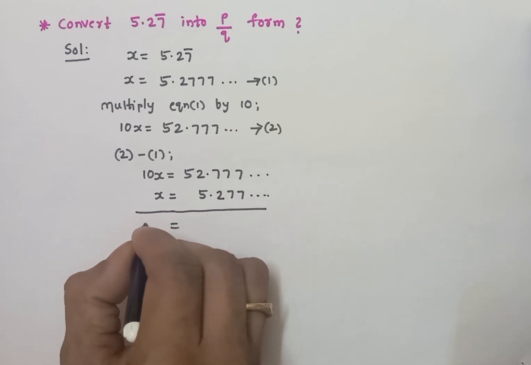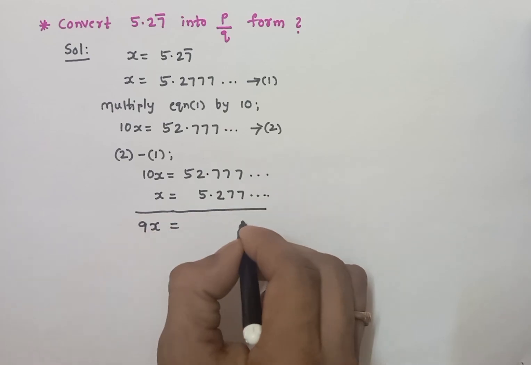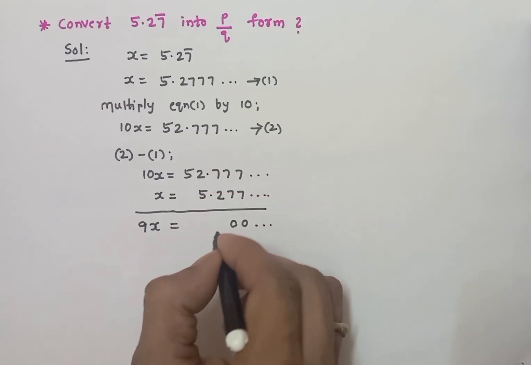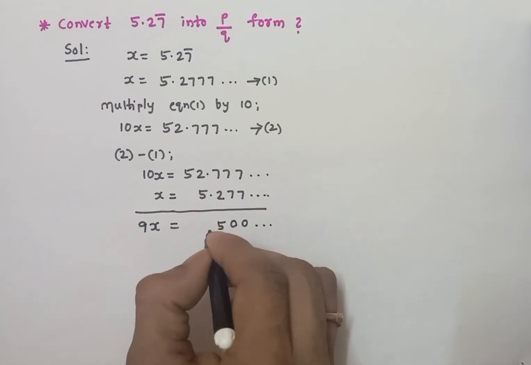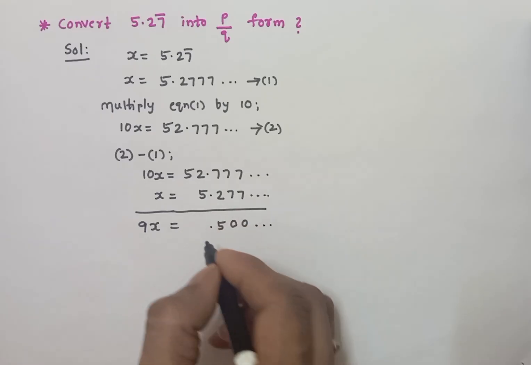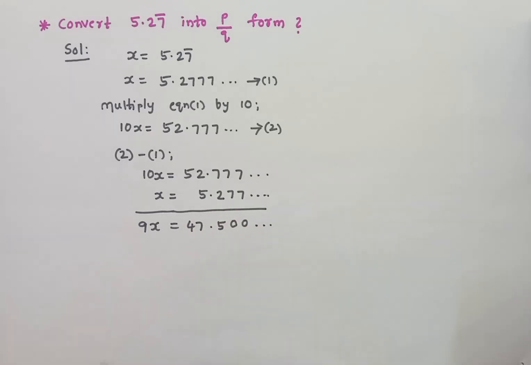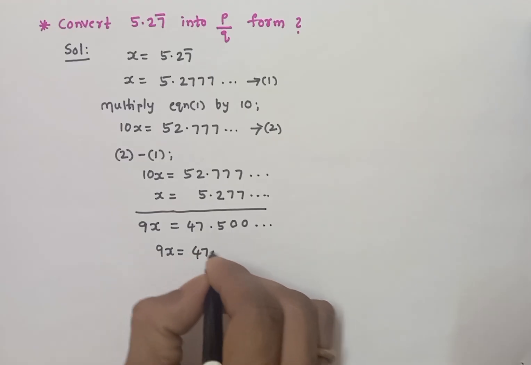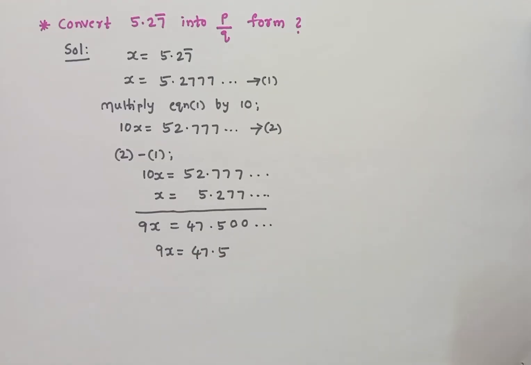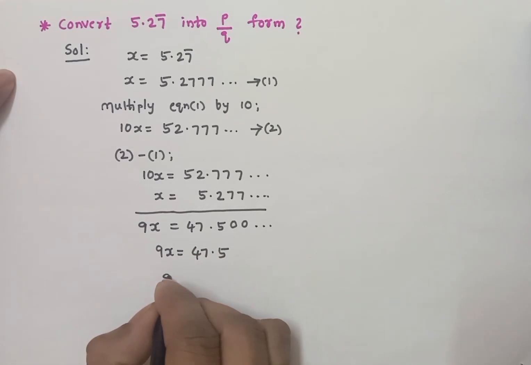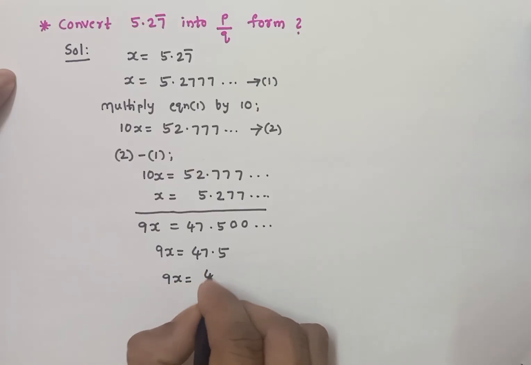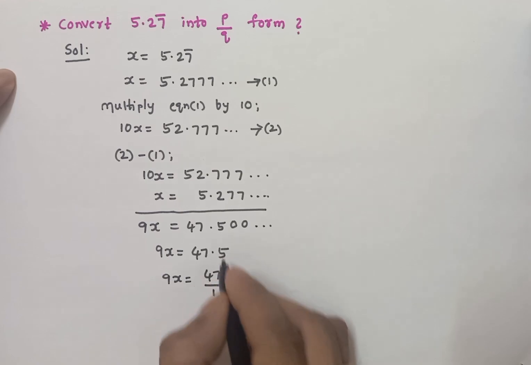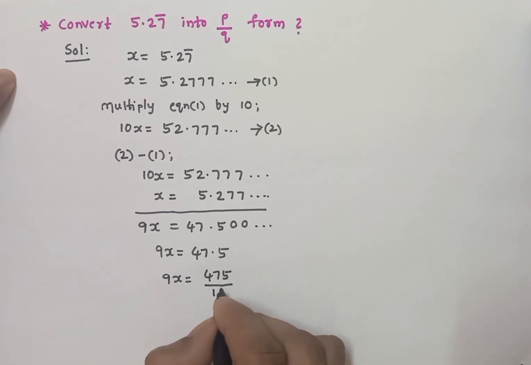So what do we get? On the left side it will be 9x only. Coming to the right side, previously we got all zeros after the decimal point, but now we are getting some number here. Next, 52 minus 5 will give 47. So how much are we getting? 9x is equal to 47.5. If you remove the decimal point, 475 divided by, instead of the decimal point we'll take 1, and after the decimal point, how many digits are there, that many zeros we will take.